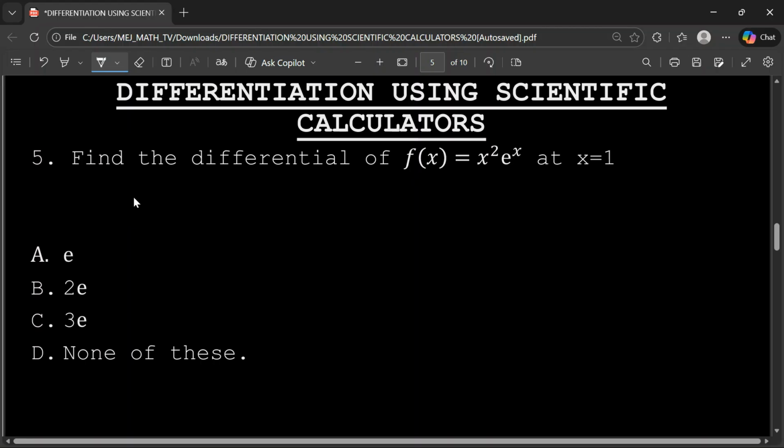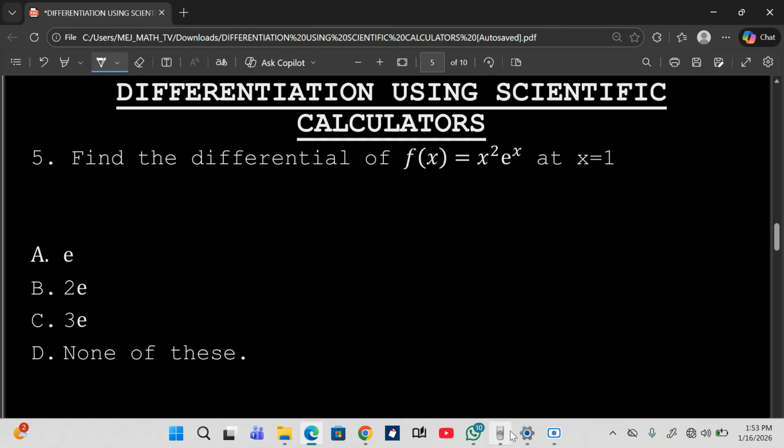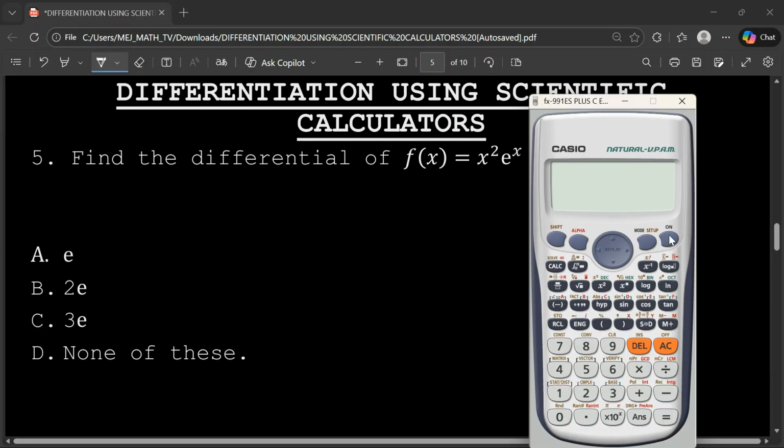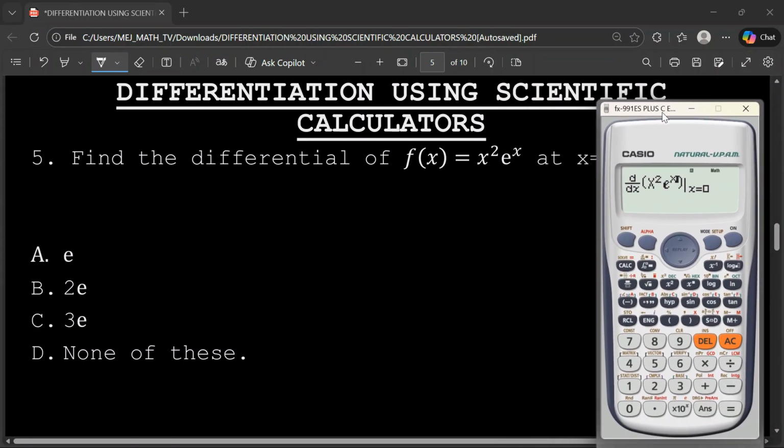Question 5 says that we are to find the differential of f of x, which equals x squared e to the power x at the point x equals 1. So we are going to pick our scientific calculator and then say dy dx of this function alpha x squared times e to the power alpha x, and we are asked to differentiate it at a point x equals 1.